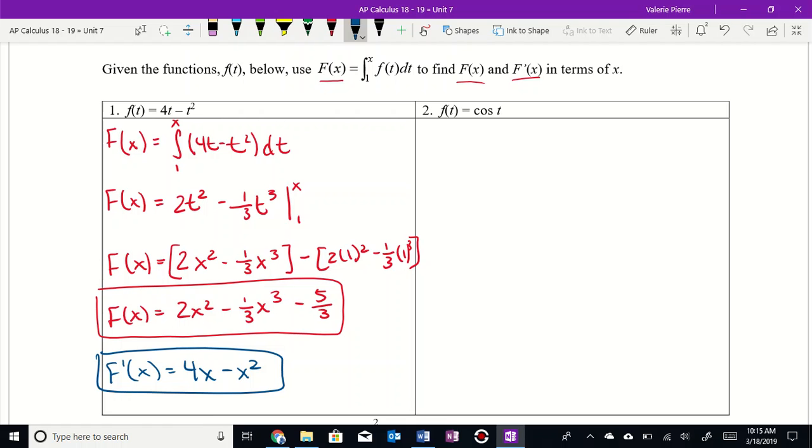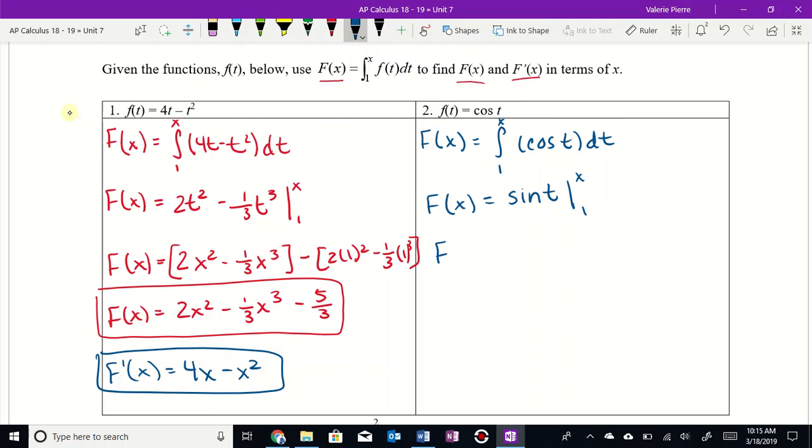All right. Problem number 2, now we have capital F of x equal to the definite integral from 1 to x of cosine t dt. So first we need to find the antiderivative of cosine, which is sine t, going from 1 to x.